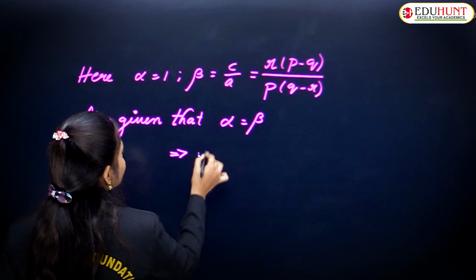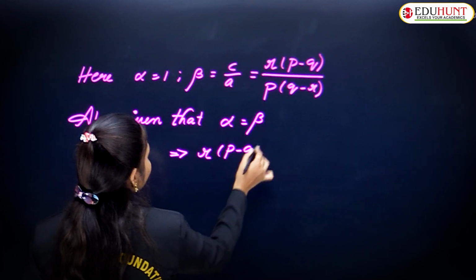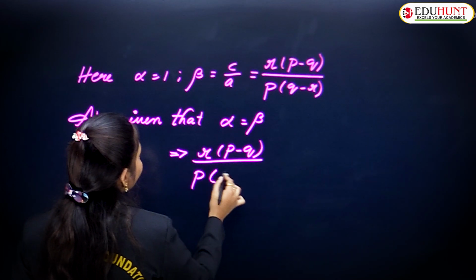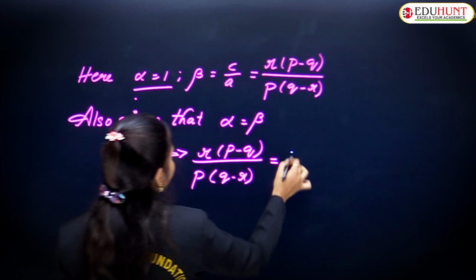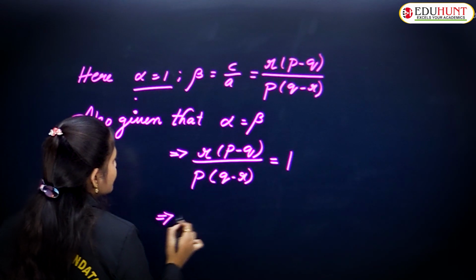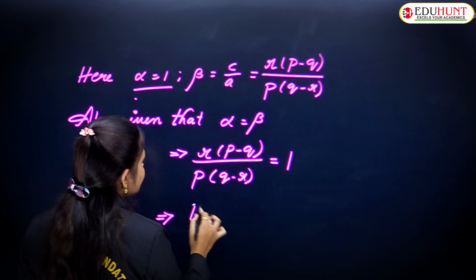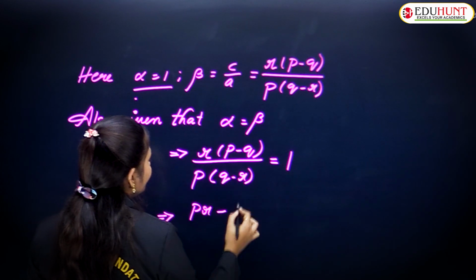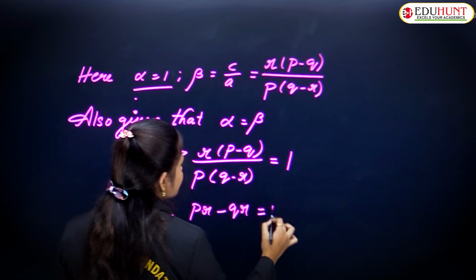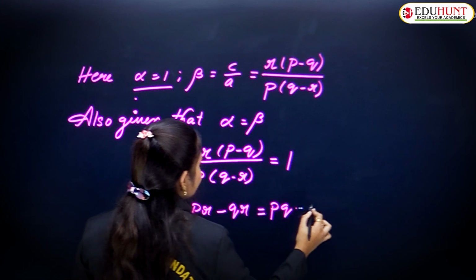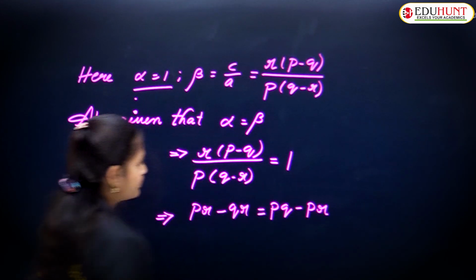Therefore r into p minus q by p into q minus r is equal to alpha, whose value is 1. So p into r is pr minus q into r is qr, which equals p into q is pq minus p into r is pr.